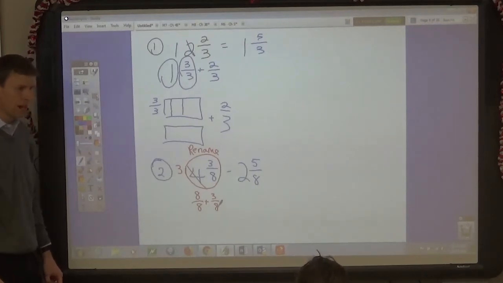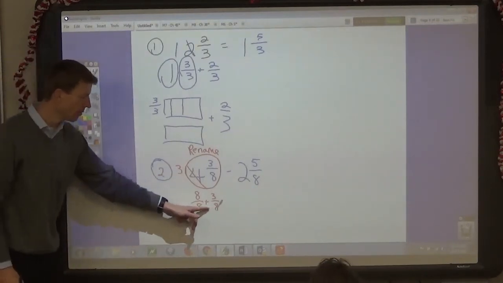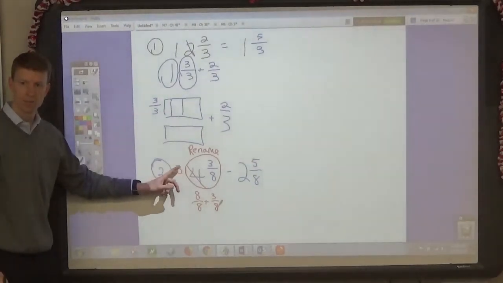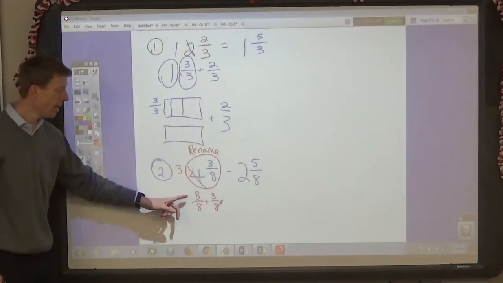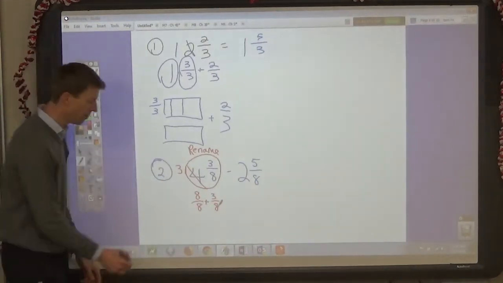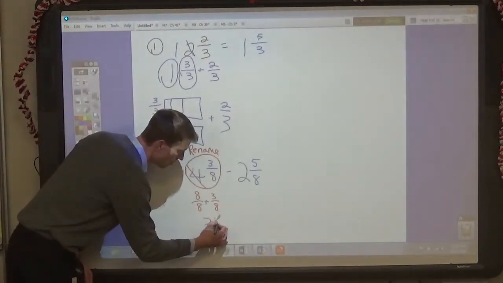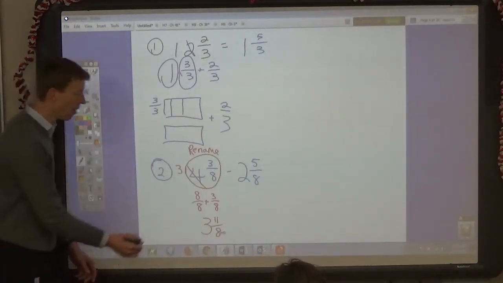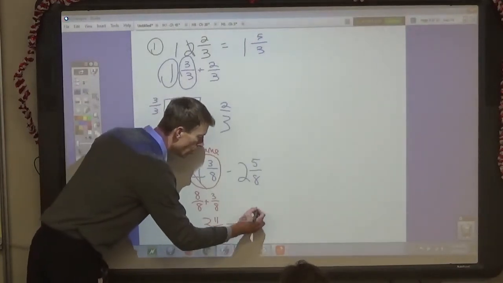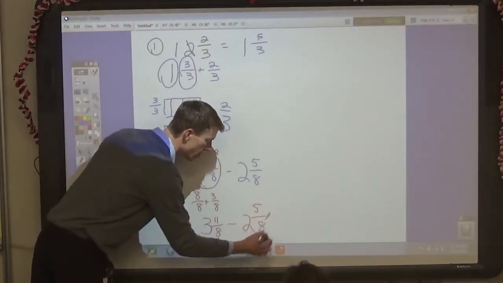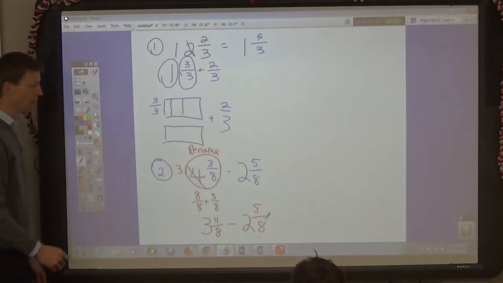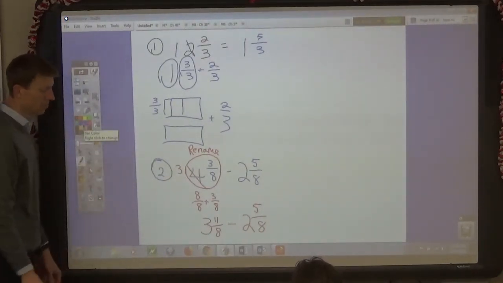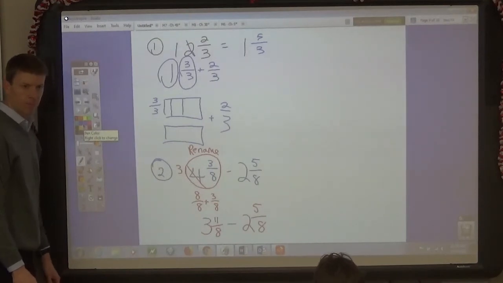So, how do you rename this now? Put it all together. What's the whole? 3. And what's the fraction? 11/8. Yep. 3 and 11/8. Now, take away the 2 and 5/8 and write the answer. Do the subtraction.